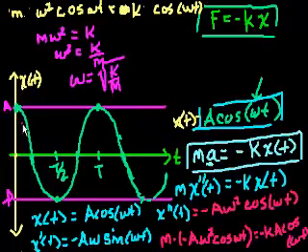So there we have it. We have figured out what x of t has to be. We said that this differential equation is true if this is x of t and omega is equal to this. So now we've figured out the actual function that describes the position of that spring as a function of time.